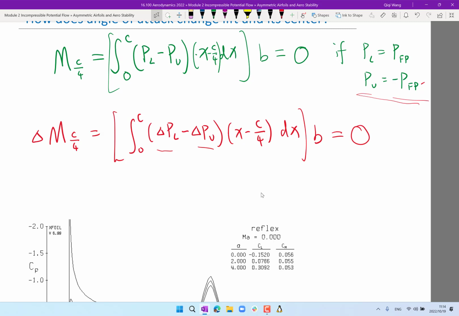So if you have a flat plate thin airfoil theory solution at a finite angle of attack, the upper surface would have a negative pressure, the lower surface would have a positive pressure, and the pressure is symmetric on the upper versus lower surface. So in the solution, that's the constant multiplied by the flat plate solution to give 0 moment around the quarter chord.